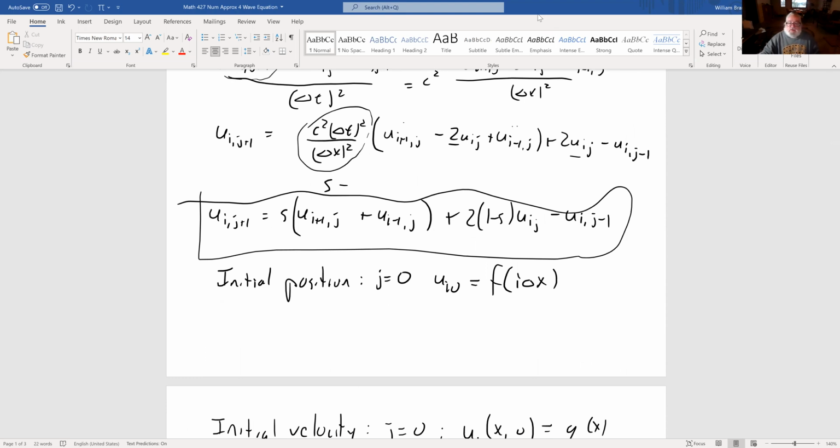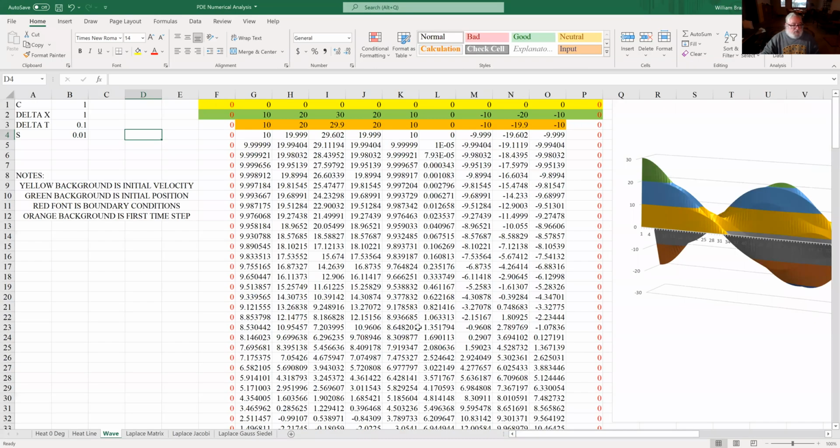So I'm going to switch the share to look at the wave equation. So here's the wave equation. C is 1, you can change that. Delta x is 1, delta t is 0.1, s is 0.001. Yellow background here, this is my initial velocity. I set it all up to 0. The green background, that's initial position.